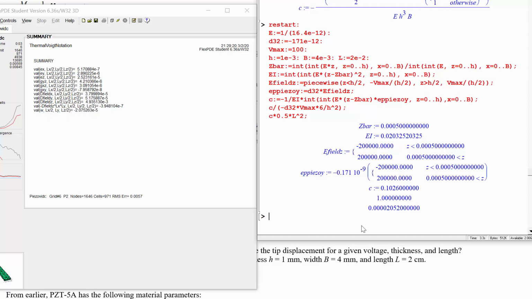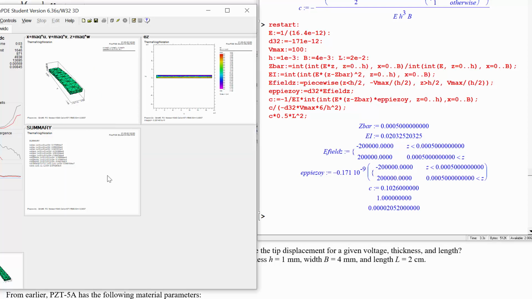The curvature that we calculated in Maple was positive, while the tip displacement in FlexPDE seems to be negative. What's going on there? Why would it be negative for one and positive for the other one?